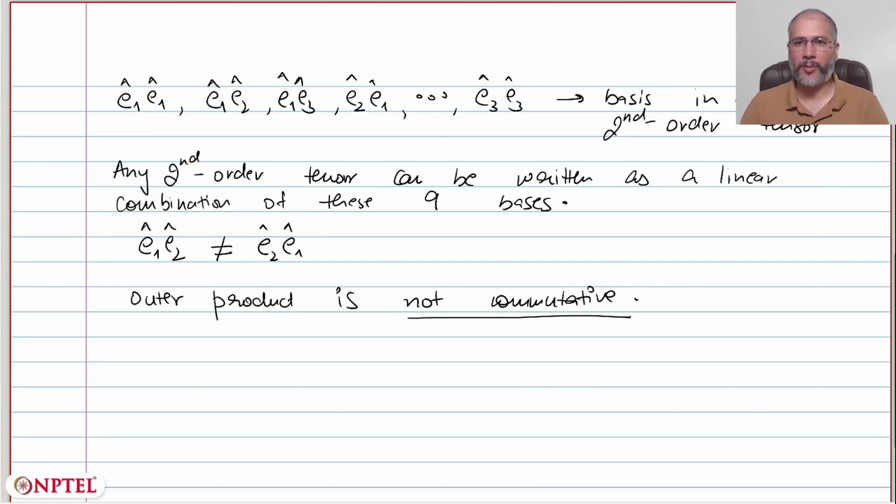This is an important point because sometimes we confuse this with the dot product, which is commutative, but the outer product is not commutative because the basis e1 e2 is not equal to e2 e1 and so on. So they are not commutative, they are different bases.